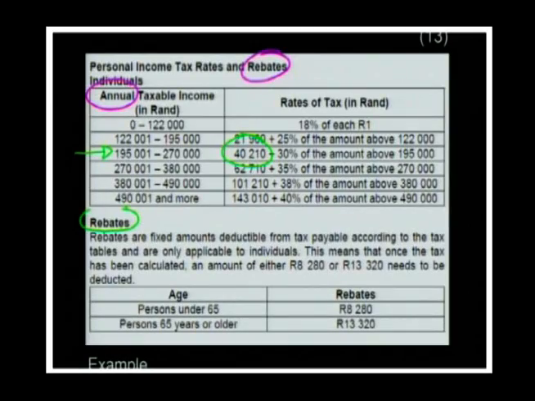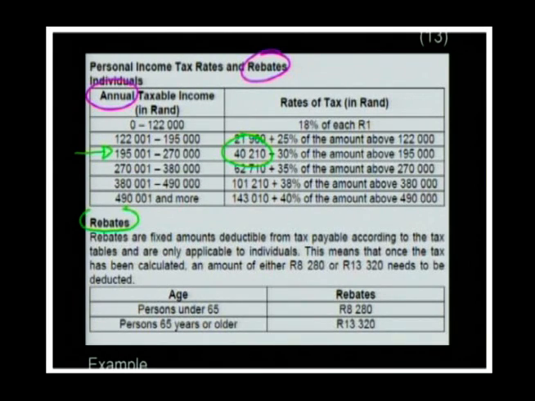They're saying, if you're under 65, we're going to give you 8,280 Rand. There it is for you. Happy birthday. What a great country to live in. Okay? If you're 65 years or older, then they're going to give you 13,320 Rand back. I can't wait to get to 65 just so that I can get that extra money back.